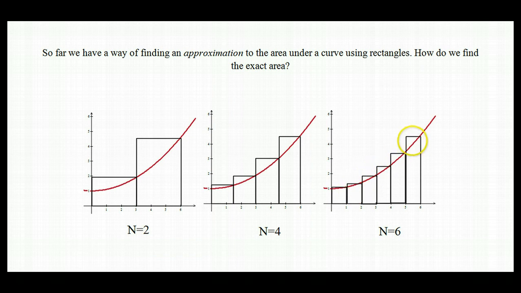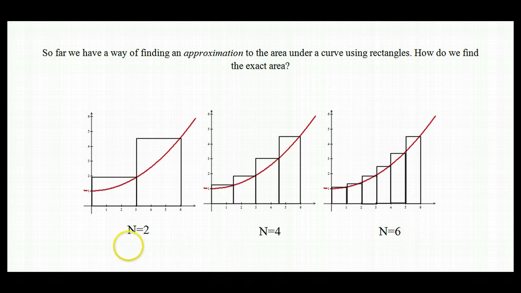And in fact, it's getting better and better, you'll notice, as we increase the number of rectangles we use. So what's happening here is we're increasing the number n of rectangles. What we should think about is that if we can get the number of rectangles to get bigger and bigger, or approach infinity, then we would have a really, really good approximation. In fact, so much so that it would be the exact area.